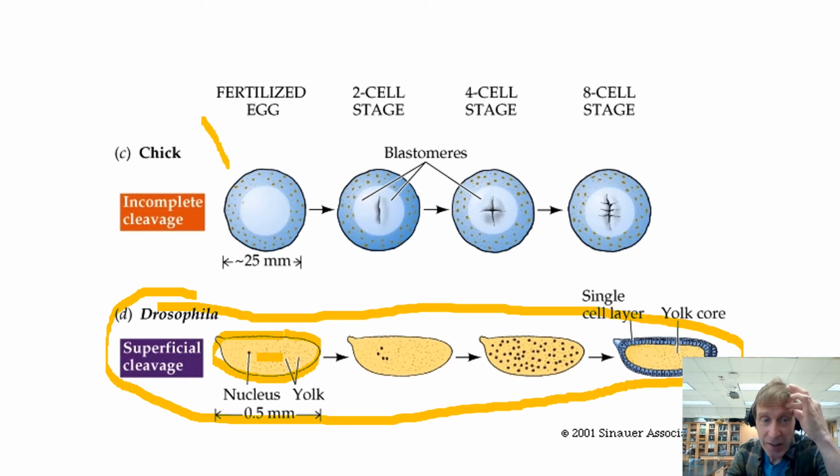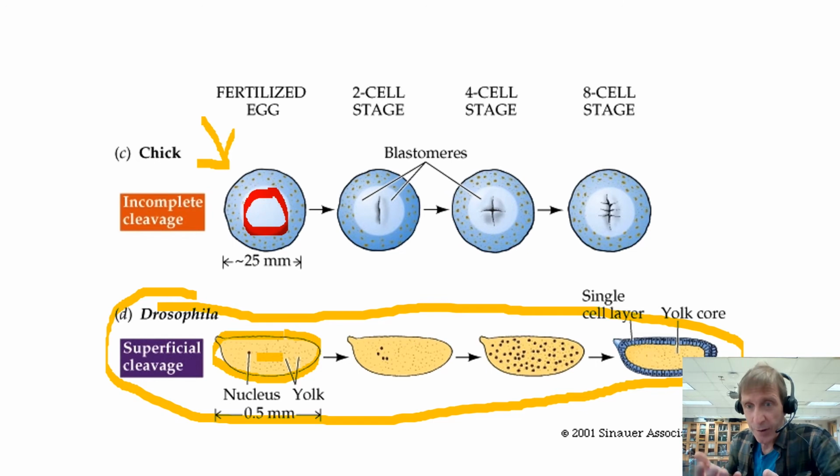But up here at the top, this is showing you a chicken egg. Now you're actually looking down at it. Imagine this were floating in a finger bowl and you're looking kind of down at the egg. So this little layer right here, see this kind of light colored bit here? That's the cytoplasmic island. That is the light cytoplasm. The whole bottom below, sort of the bottom of your field of view, is that massive amount of yolk.